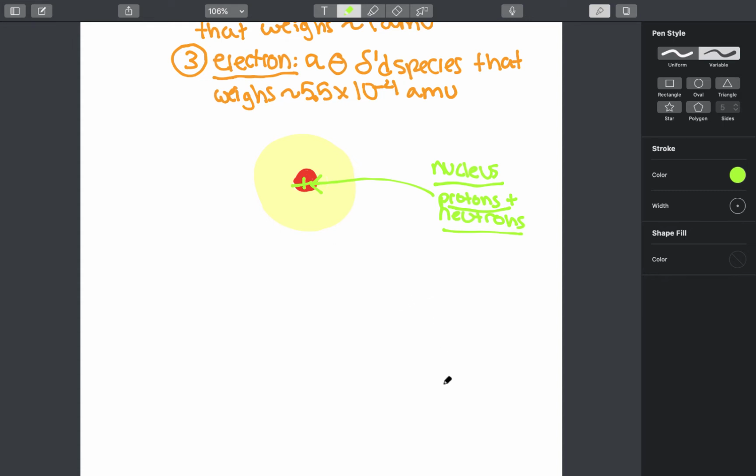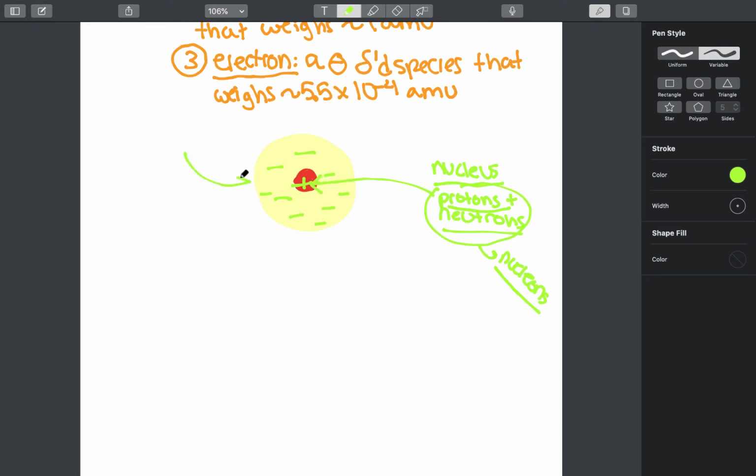Now, because the protons and neutrons are present within the nucleus, they are sometimes called nucleons. Now, orbiting outside the nucleus are the electrons. So you have a negatively charged electron cloud around the nucleus.